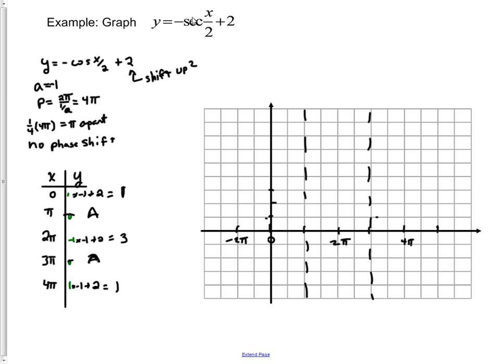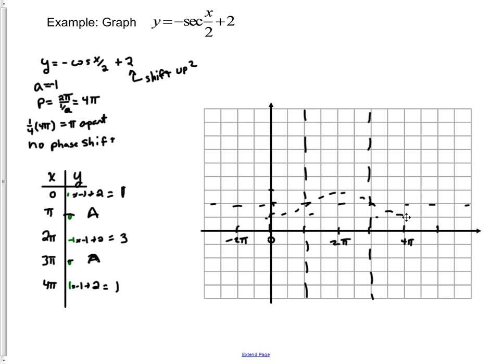Our center axis is up 2, pardon me, so we're going to have a center axis here at 2. And normally, if this were a cosine function, we would go down to negative 1. Let's try that again. We'd start at negative 1 here for cosine. It would come up, our cosine graph, and look like this.